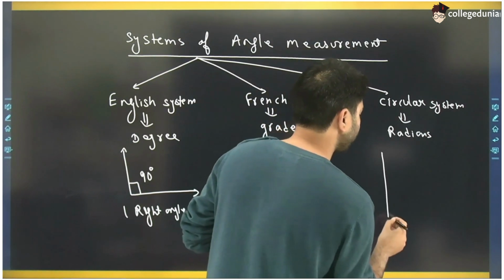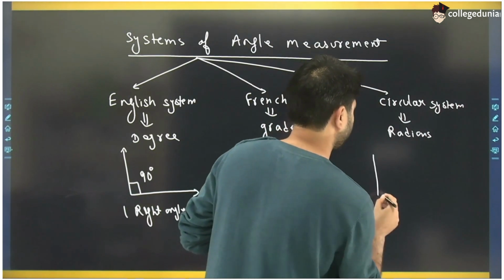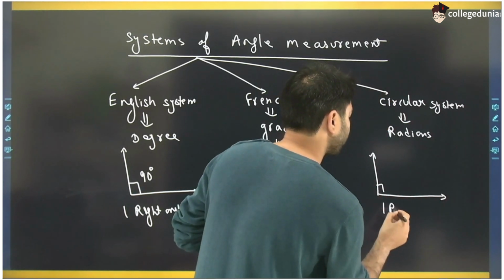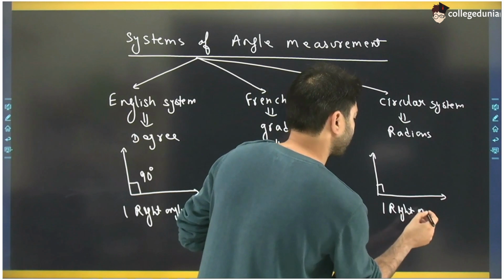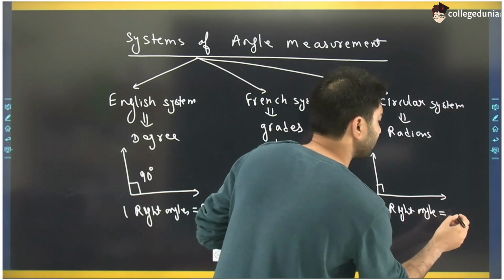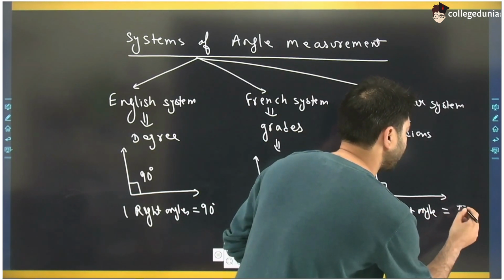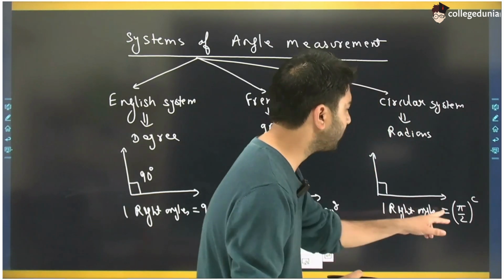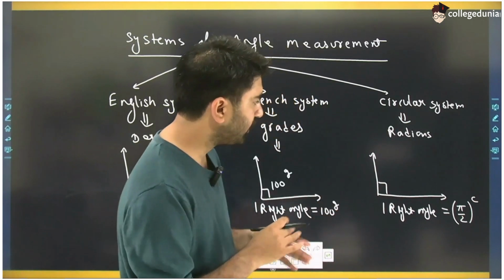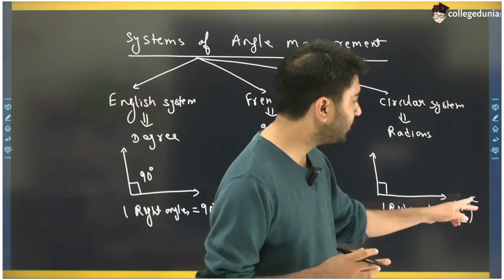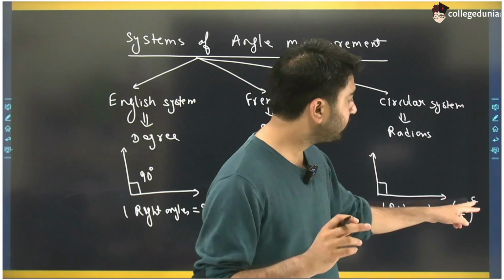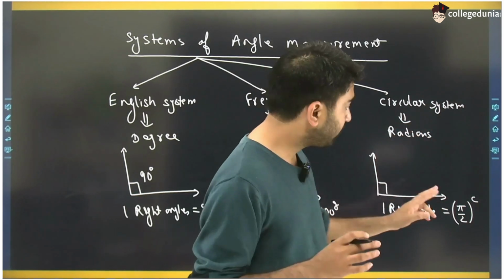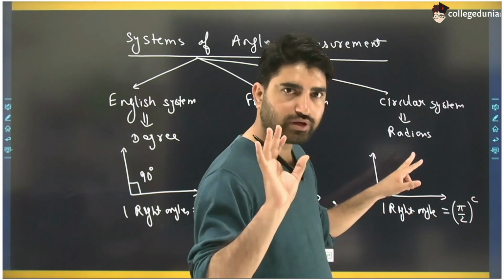In the circular system, one right angle we call pi by 2 radians. So guys, as you can see, I have written C in the power of pi by 2. The C is the symbol of circular system. This represents radians. This radian is the SI unit of angle measurement.